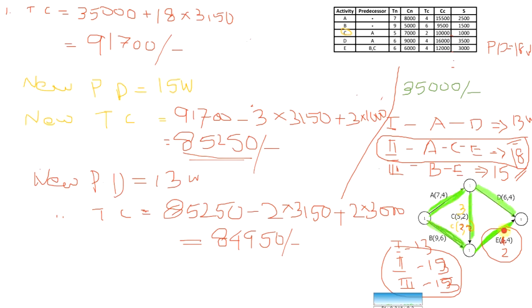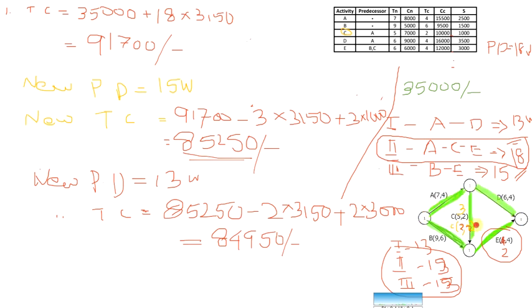So if we reduce any of these paths or crash any of these activities, the same effect should be done on all the paths, or we have to find a common activity. Here A is a common activity for path 1 and path 2.